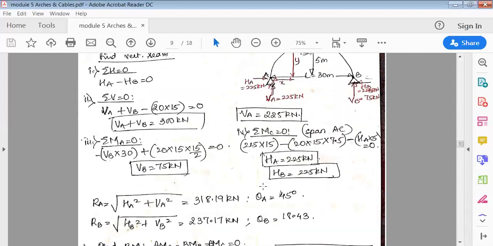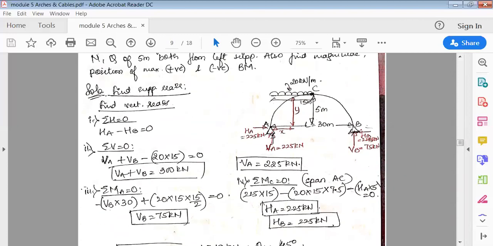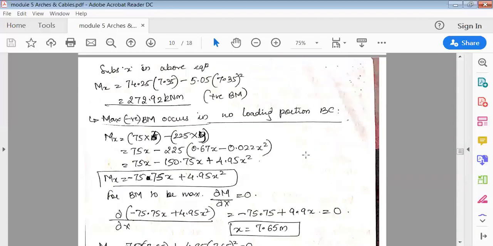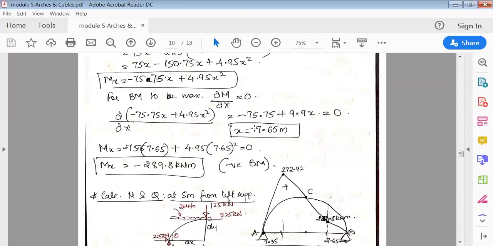So the meaning of this is, from B, if you measure x as 7.65 meter, the bending moment would be maximum. More specifically, it is the negative bending moment. So take this value and put it back in the bending moment equation.